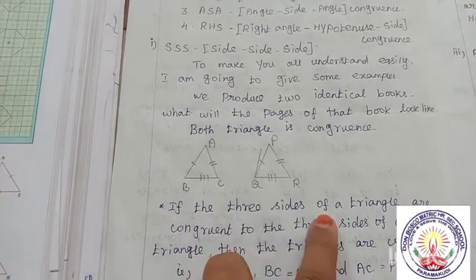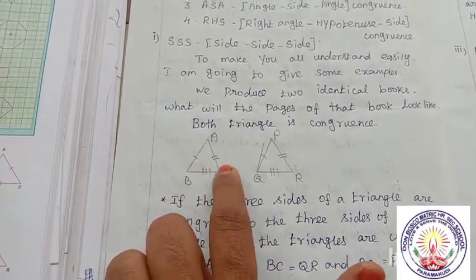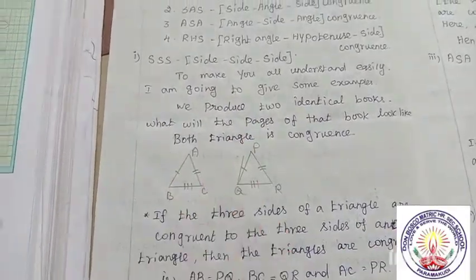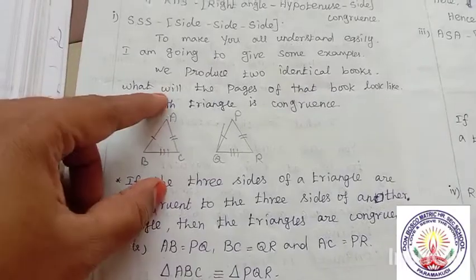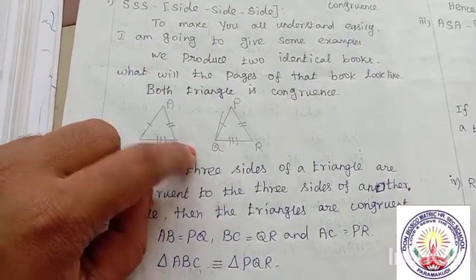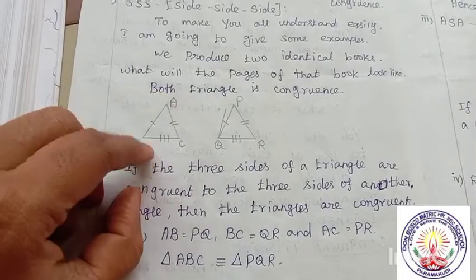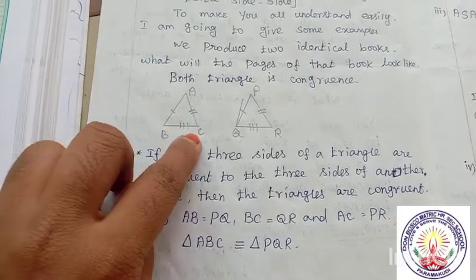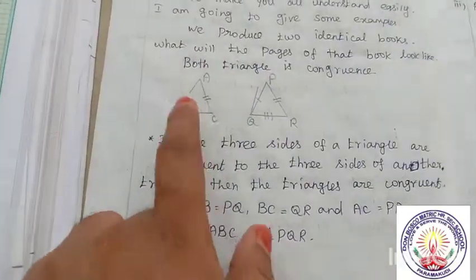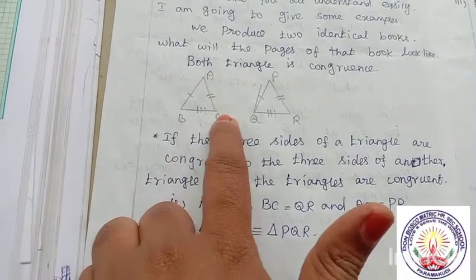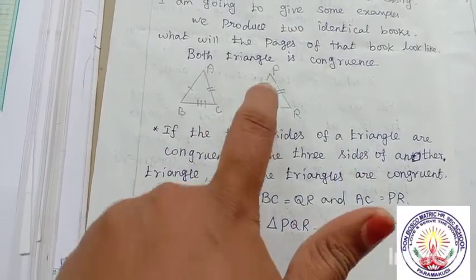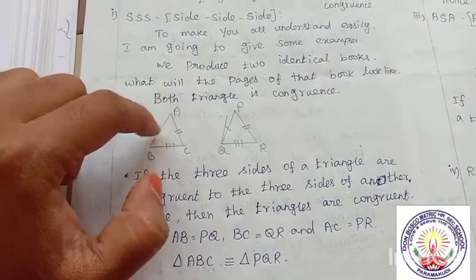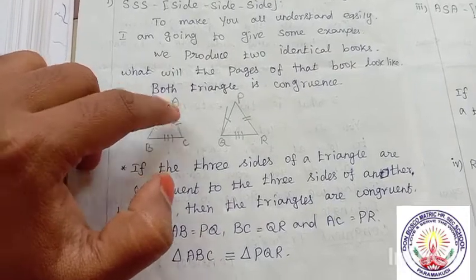If the 3 sides of triangle ABC are congruent to the 3 sides of another triangle, okay, AB is equal to PQ, AC is equal to PR, BC is equal to QR. So triangle ABC is congruent to triangle PQR. First one, side, side, side: 3 sides are equal.